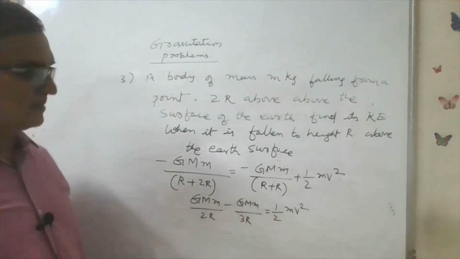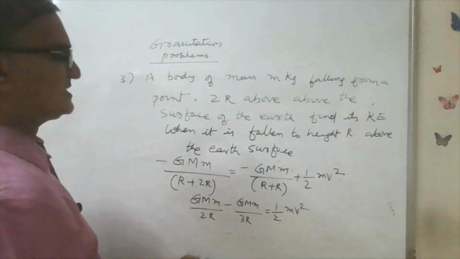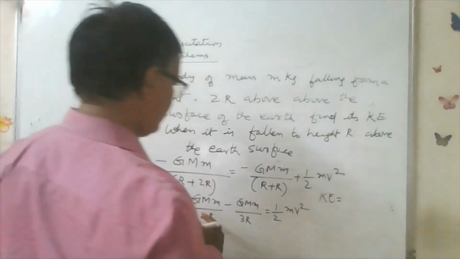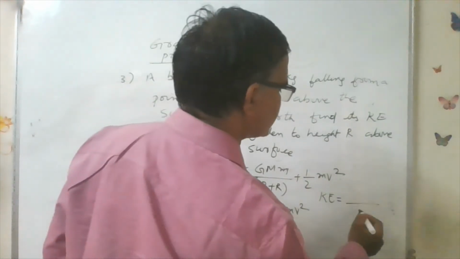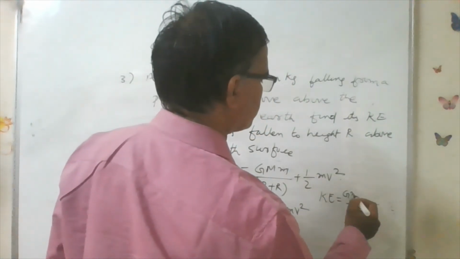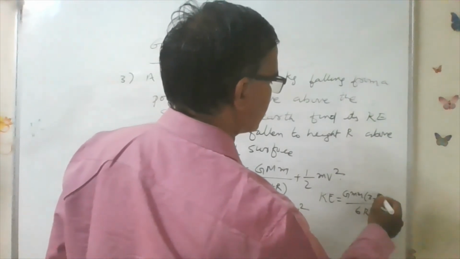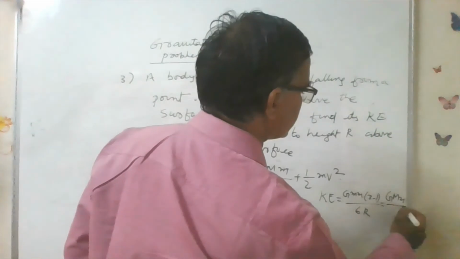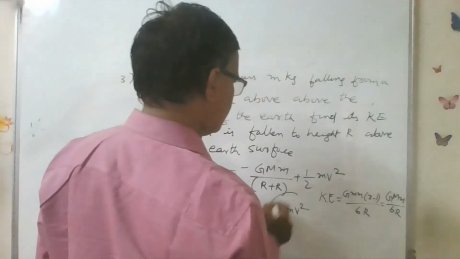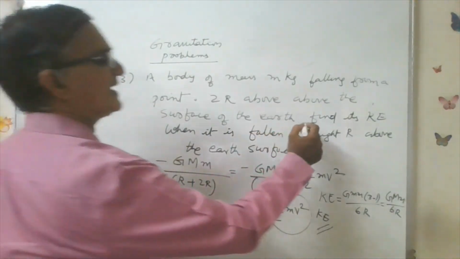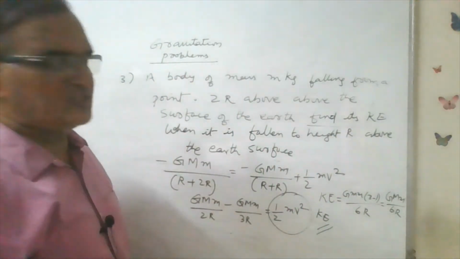Now what you got here? You want the kinetic energy only. So KE is equal to this value. How much you got here? This is 6r, that is GMm into 3 minus 1. So what is the kinetic energy? GMm by 6r. You are asking for this kinetic energy only, no? You understand the situation, no?